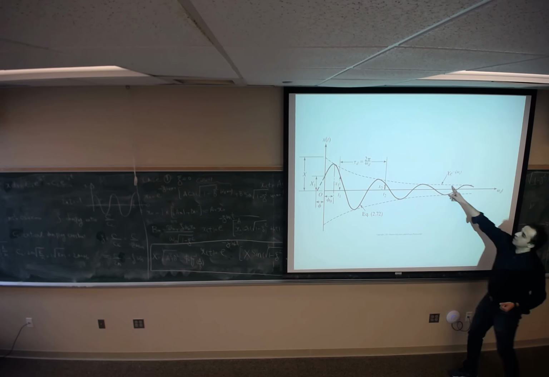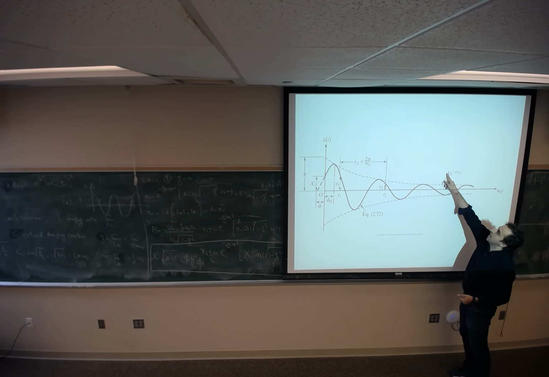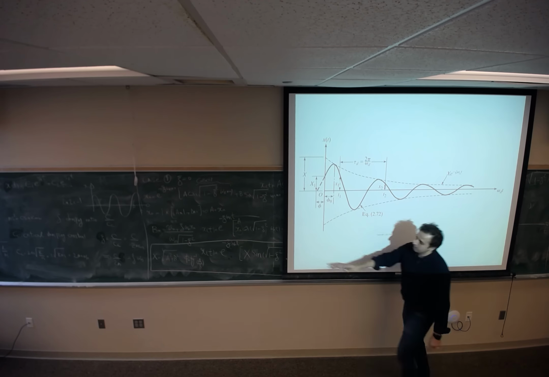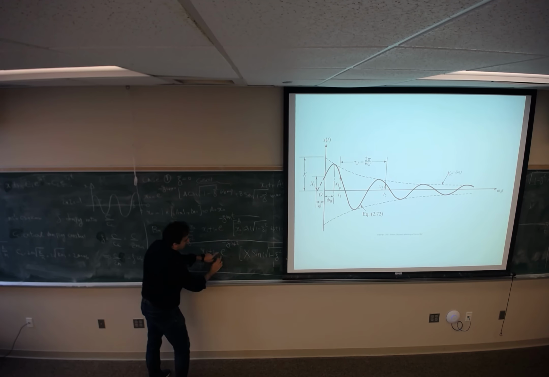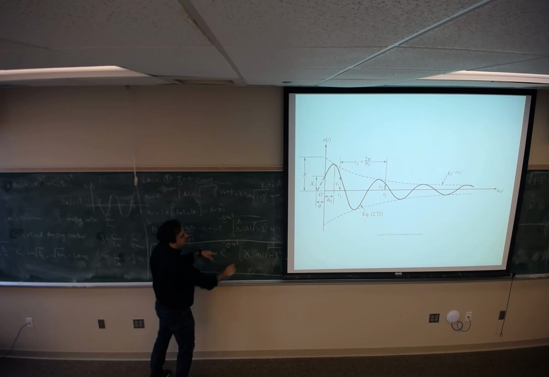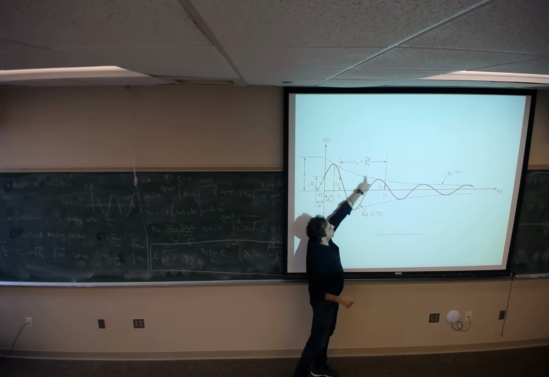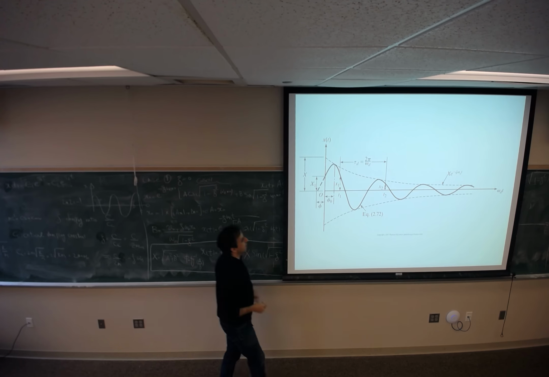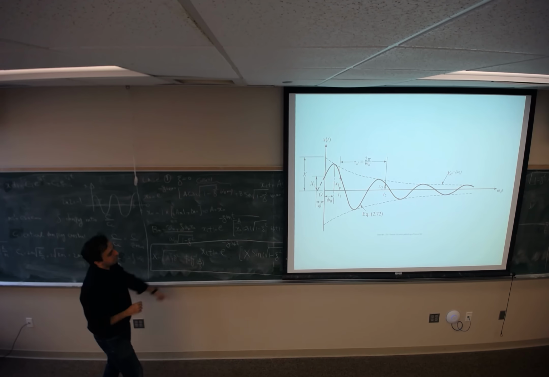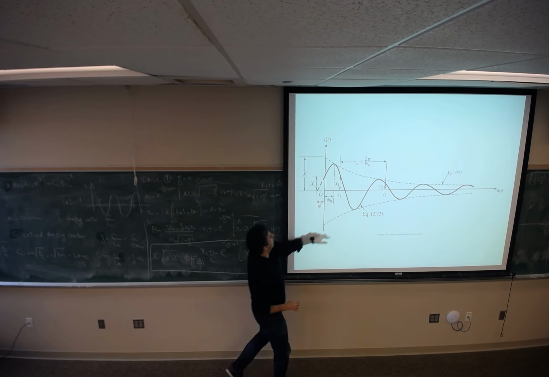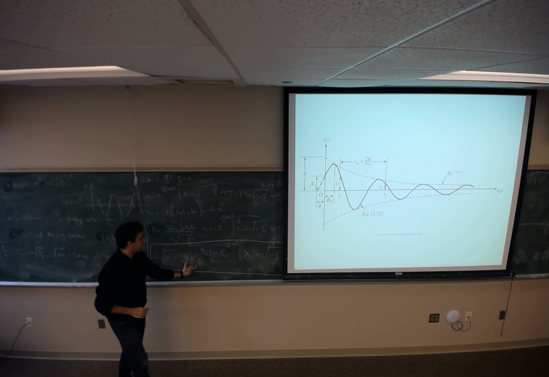The function of this is going to look like this: e to the power negative zeta omega n t times the amplitude. This is going to be the function for that curve. And this phi is going to be the angle that we calculated here.